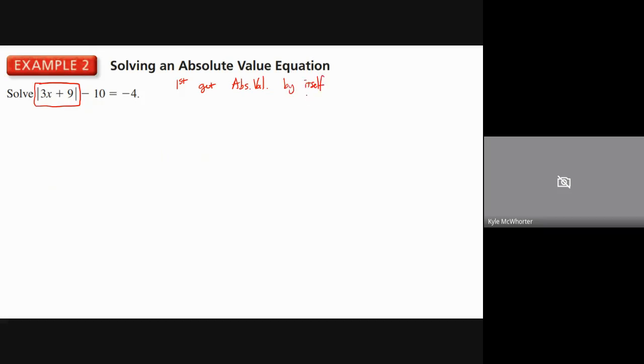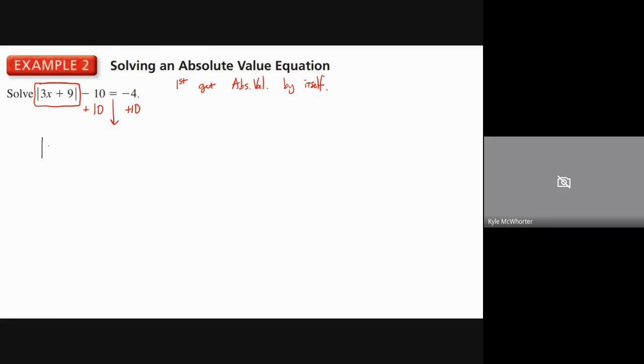First, we have to isolate the absolute value. Then we'll get our 2 equations, and then we'll do inverse operations to solve the 2 equations. So what we need to do is add 10 to both sides of the equal sign to get rid of this -10.